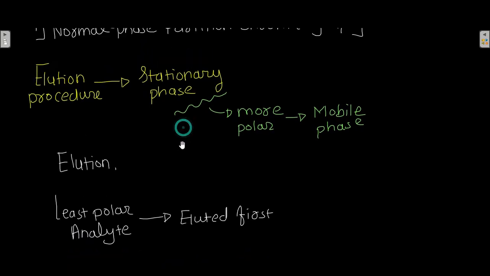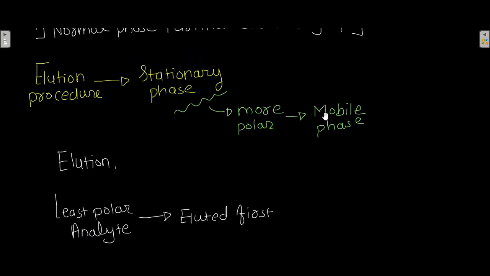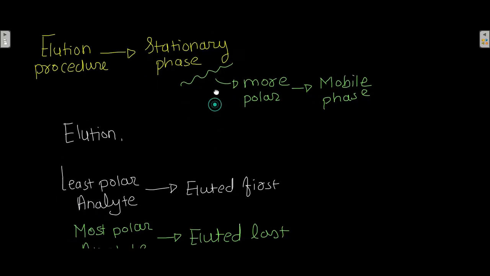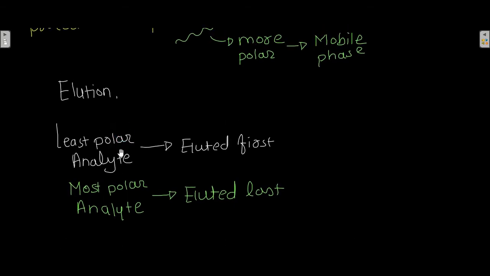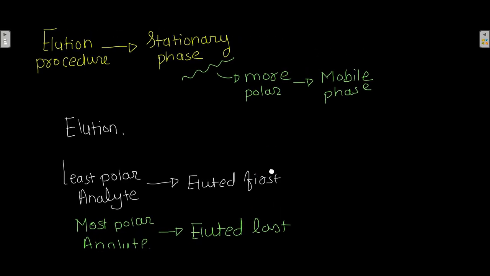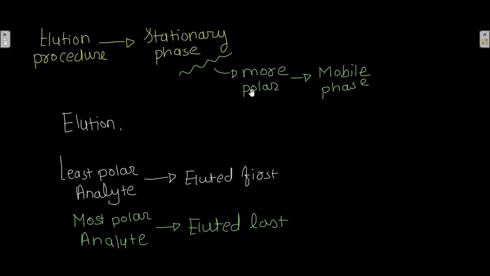So that is the reason why during elution the least polar analyte will elute first and the most polar analyte will elute last. Why? Because the stationary phase is more polar.